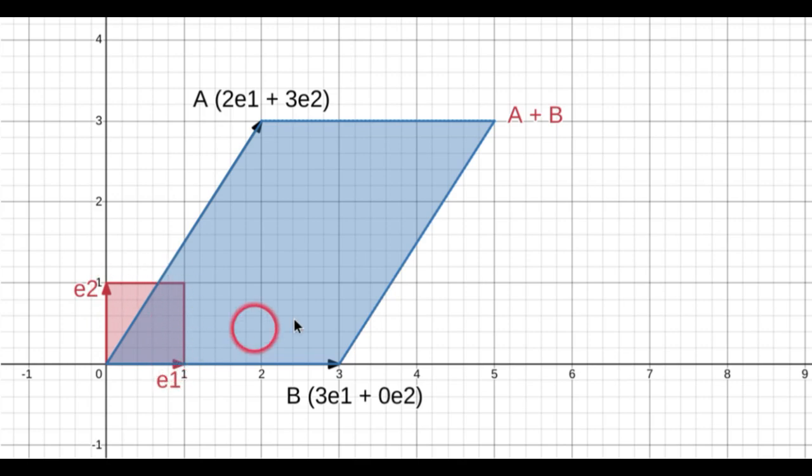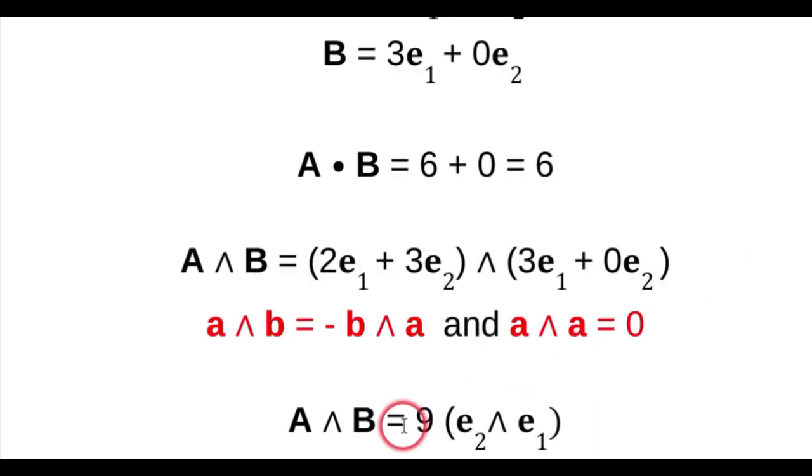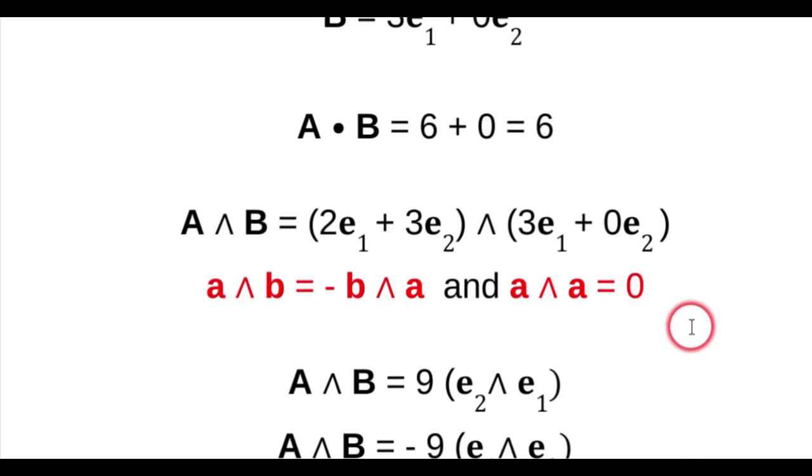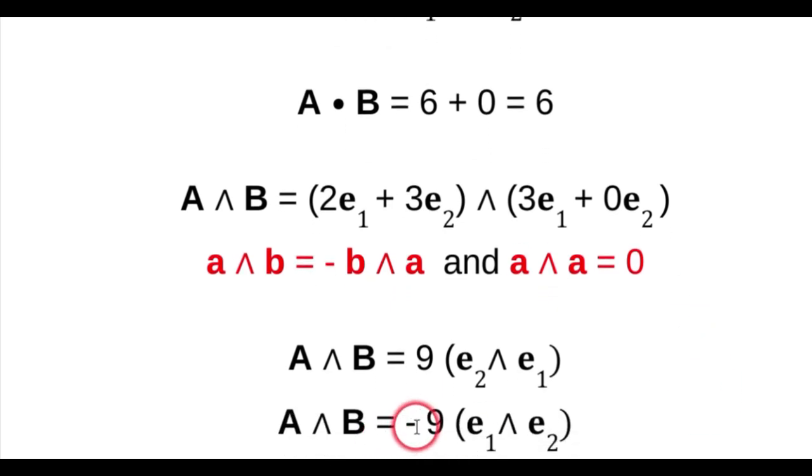Let's go back and look at that. We had A wedge B is equal to 9 E2 wedge E1. Remember this rule: if we swap E2 and E1, we get a negative. So when we did E2 wedge E1, we were going clockwise, in the same direction as A wedge B. When we change that to E1 wedge E2, we're going counterclockwise, so we have to change the sign.